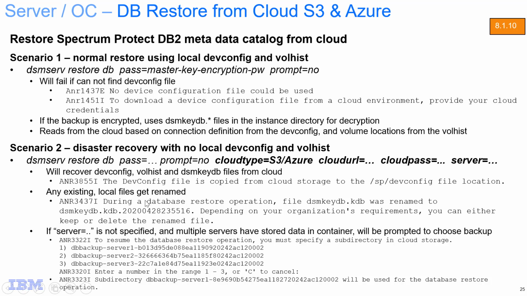If it by chance does find an existing DSM key devconfig or volhist file on your server, it will rename the old ones before it restores the copy from the cloud. If server equals is not specified, and when we get out there it does find multiple Spectrum Protect server database backups out there, we will prompt you to choose which server database you want to restore.